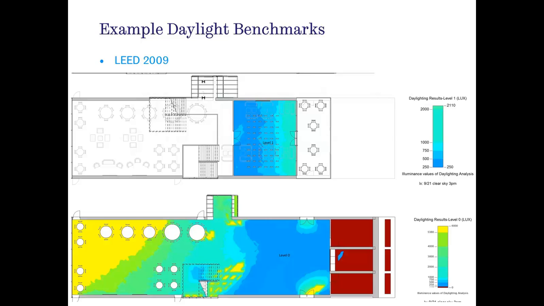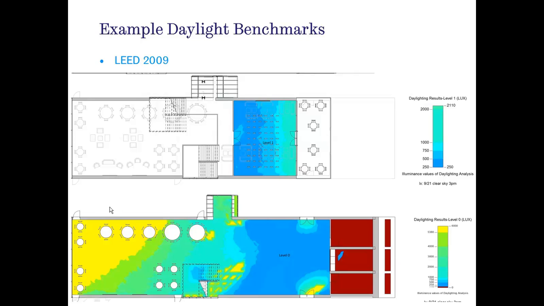So this is an extract from Revit. It's a really powerful tool because it means you can very quickly run a simulation. Anything which is dropping below the roughly 100 lux level will be coloured in this dark red. Anything which is going above the 5,000 lux level will be coloured in yellow.